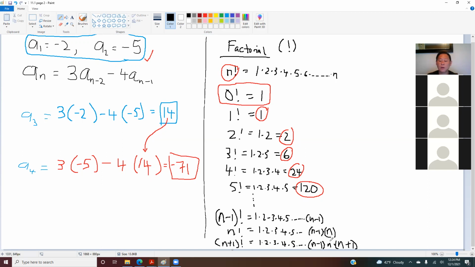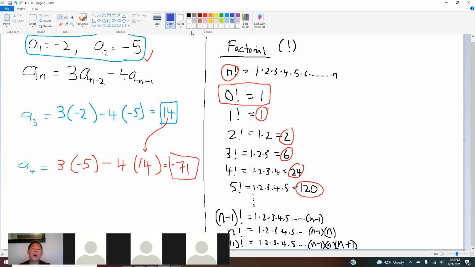The reason why you learn factorial in this case is because of combinations. What are combinations? Combinations tell us how many ways you can arrange something.